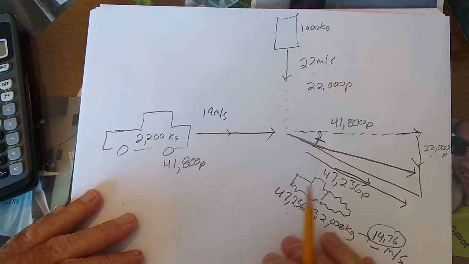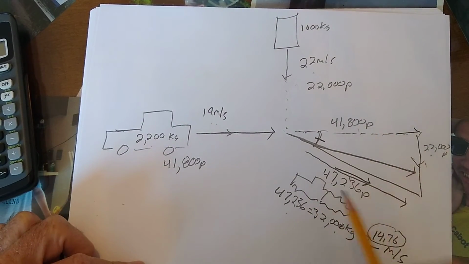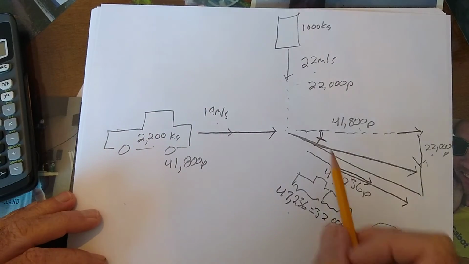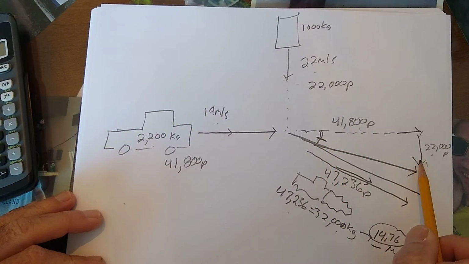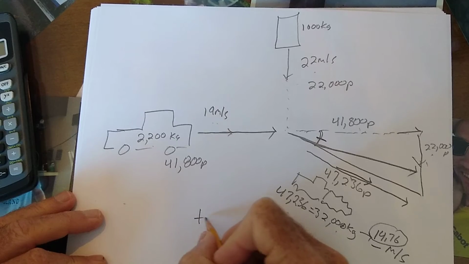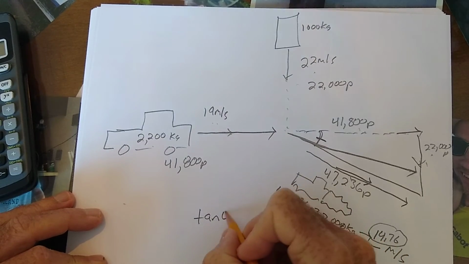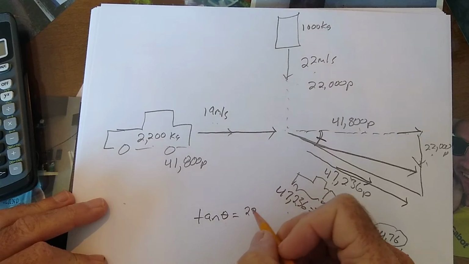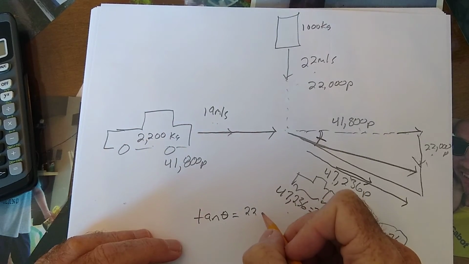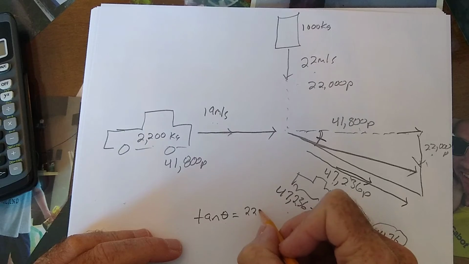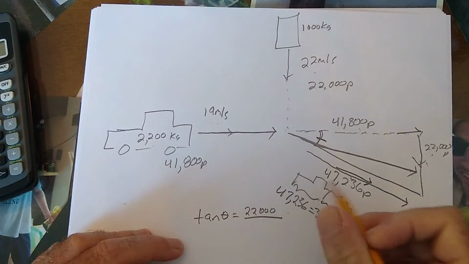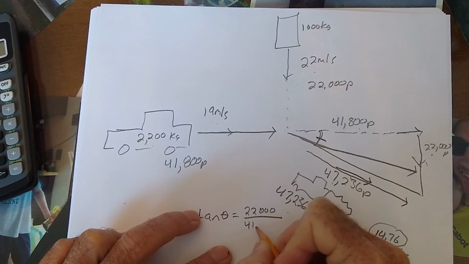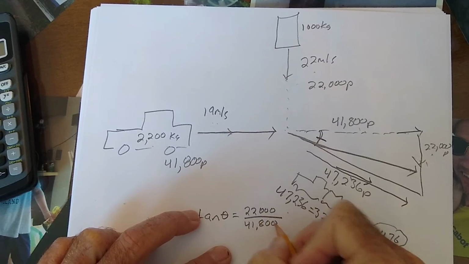You go ahead and calculate that. You know all sides of the triangle. All right, I'm going to say opposite over adjacent. I'm going to say the tangent of theta equals the opposite side, 22,000, over the adjacent side, 41,800.